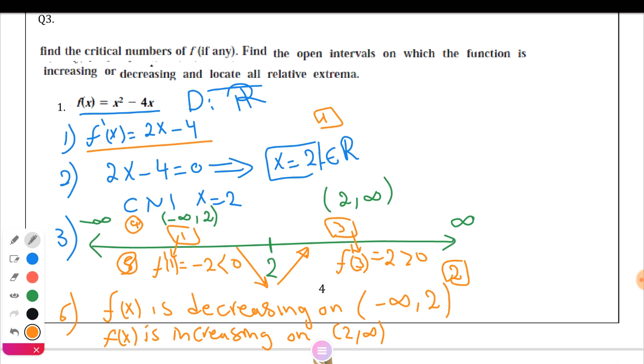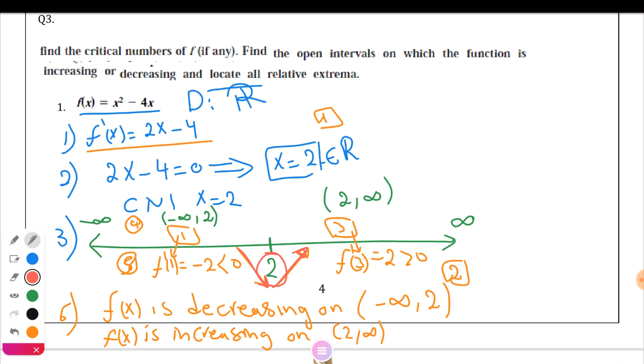How to find the extrema? Look here. Extrema occur at the critical number. Here, where is the critical number? The critical number here is 2. Since the behavior of the function changes from decreasing to increasing, it will be an extremum, okay? But if the behavior of the function does not change before and after the critical number, this critical number will not be an extremum.